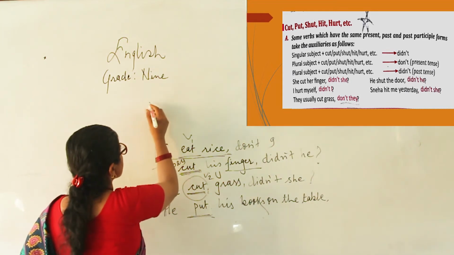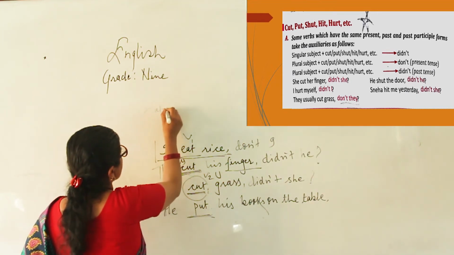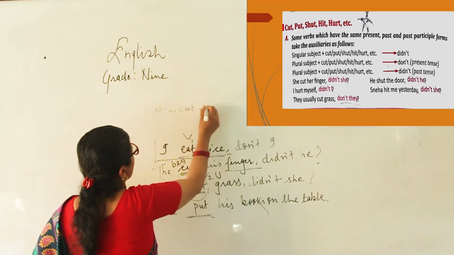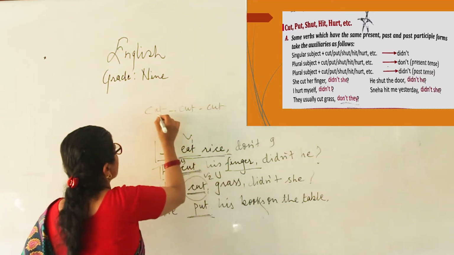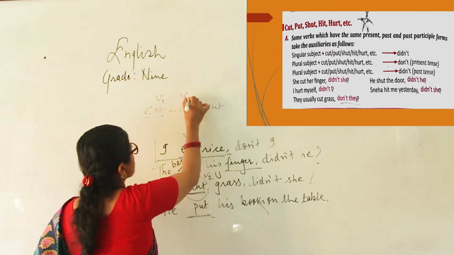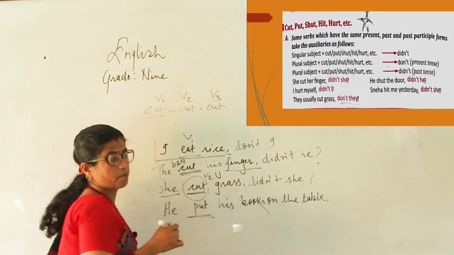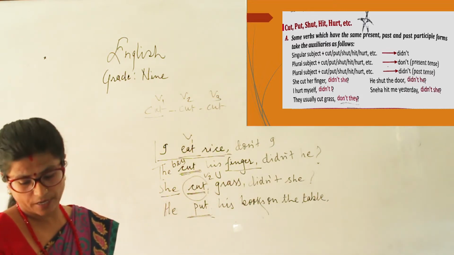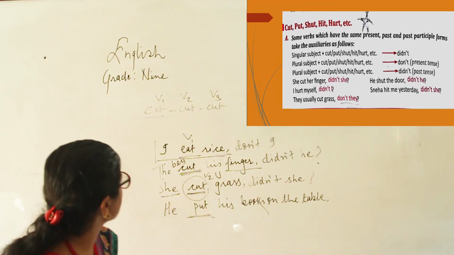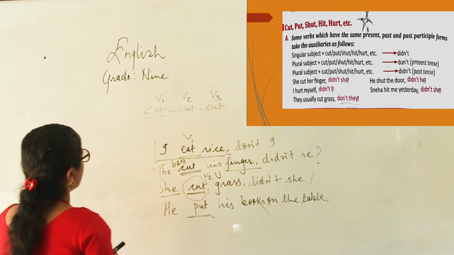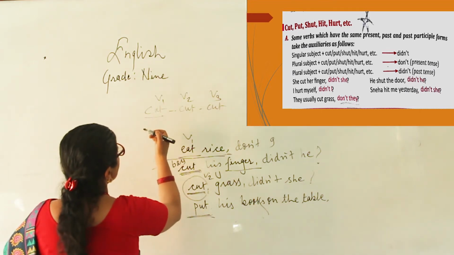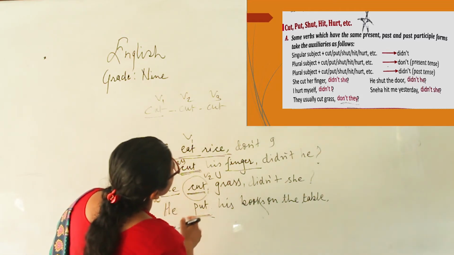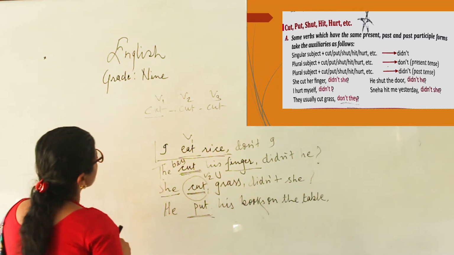Caught: the three forms are the same. You can see caught, and caught. B1 is also the same, B2 also, B3 also the same. All are the same, so we have to just identify them. Similarly, another word is put also.